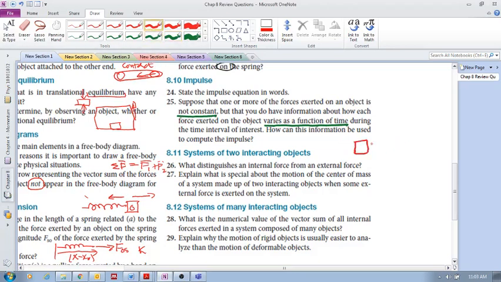If you've got two objects interacting with each other, and you have defined your system like that, that means both objects are within the system and both objects are applying equal and opposite forces, then those forces are internal to the system and they cancel out in the system. So, those are internal forces.